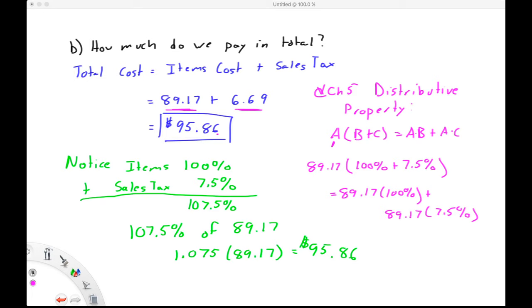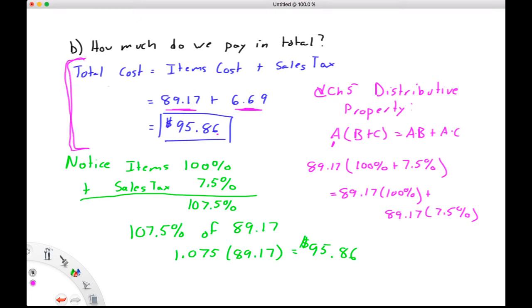Basically, all I'm doing here is saying there's more than one way that we can get to this answer of 95.86. We could either first calculate the sales tax and add it on, and that's what we did first up here.